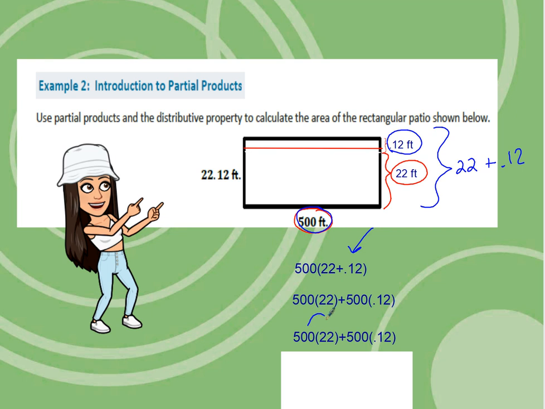So when I go to actually multiply that, and I multiply this second one, I get 11,000 plus 600 or 60, and then my total is 11,060 feet. So as you can see, all I did was do it in little groups, so it's smaller numbers. Now this seems like a lot of work, but it's really not once we get looking at it.